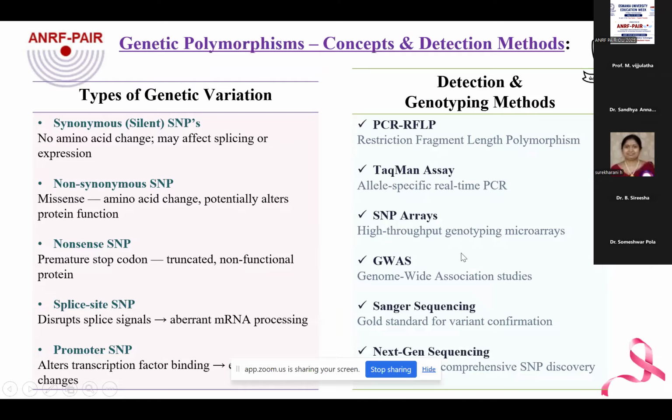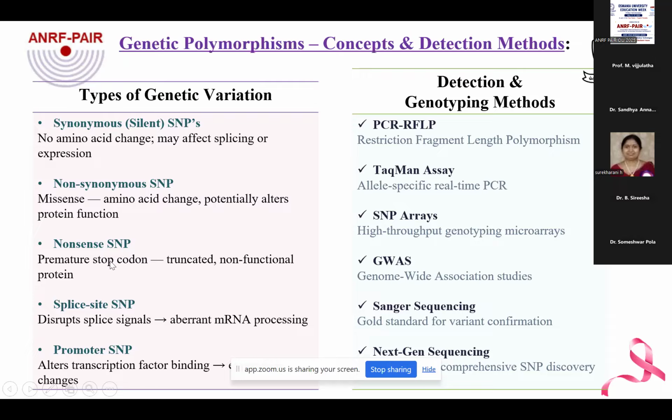So these SNPs are also categorized into different types, like the synonymous SNPs or the silent SNPs, where there is no amino acid change, but it might affect the splicing or the expression. And the non-synonymous SNP, also called a missense, where there is an amino acid change which potentially alters the protein function.